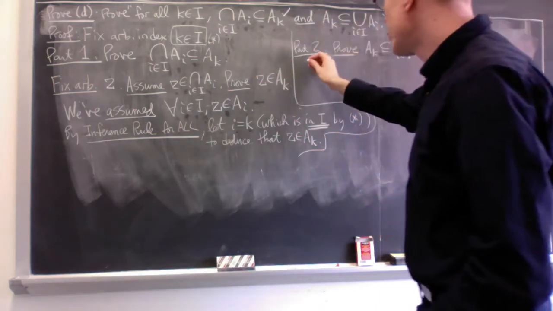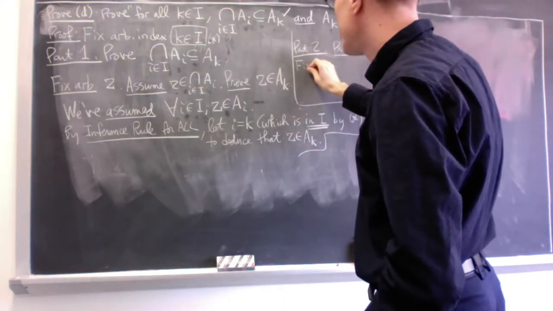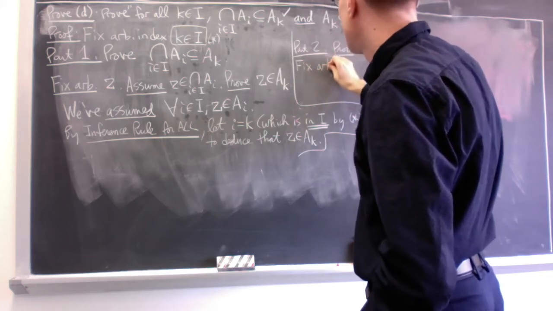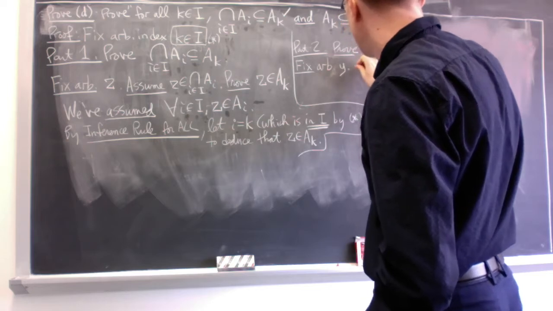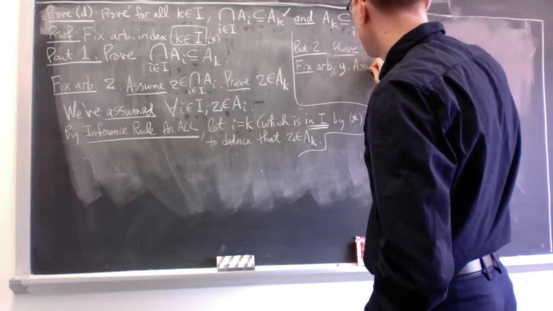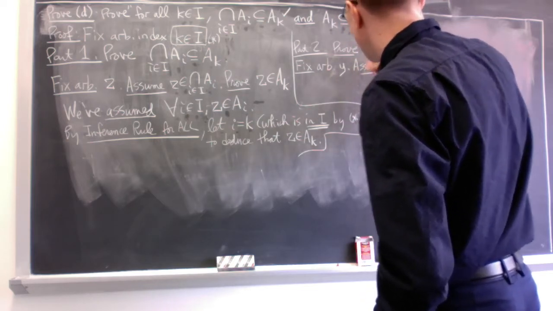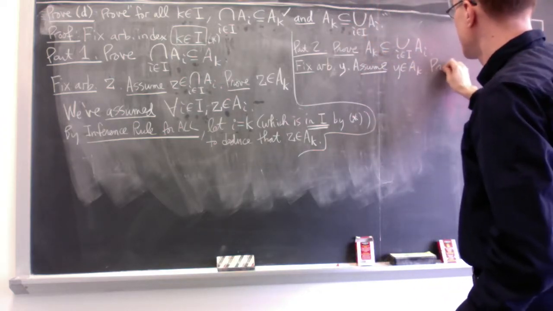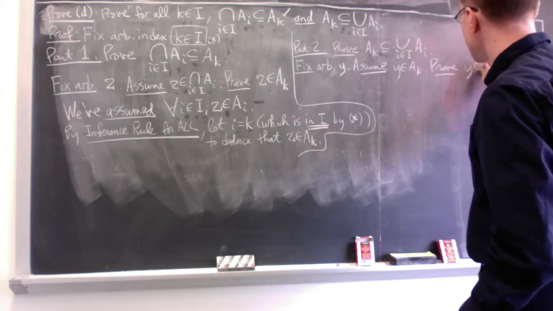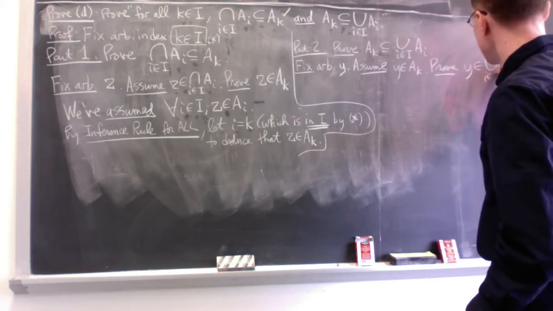For safety and avoiding confusion, let's use a new letter. Let's fix, say, y, arbitrary object y. You could use other letters as well, of course. Assume y is in the left-hand set. Prove y is in the right-hand set, which is this union here.